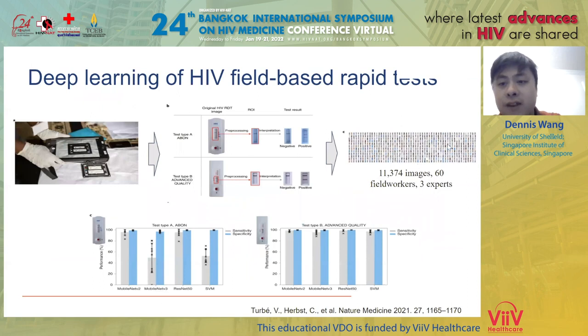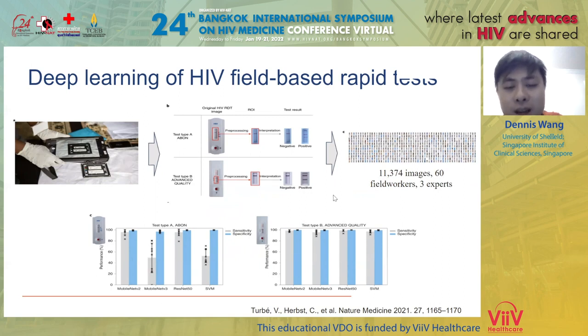In the HIV field, another example of applications of machine learning techniques, and I think we're quite familiar with it in COVID as well, is reading lateral flow tests. Reading lateral flow tests can result in a lot of errors, simply interpretation errors of reading the results.